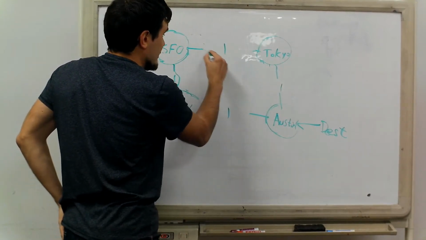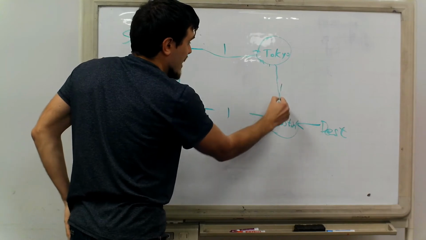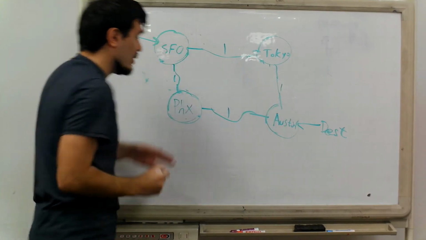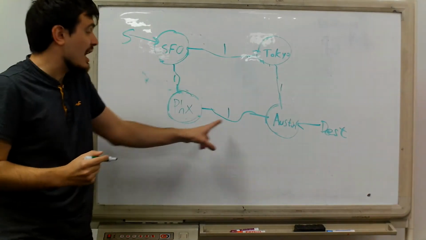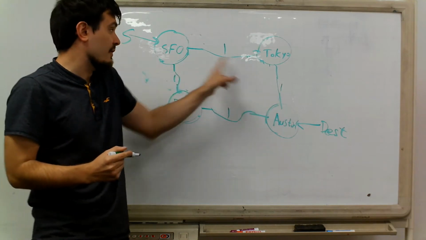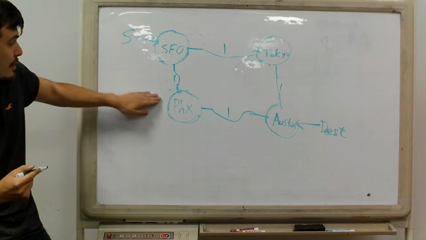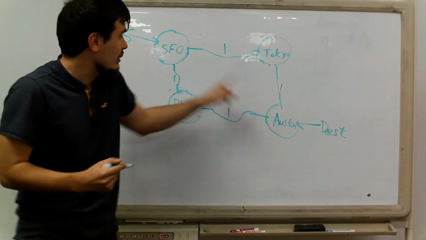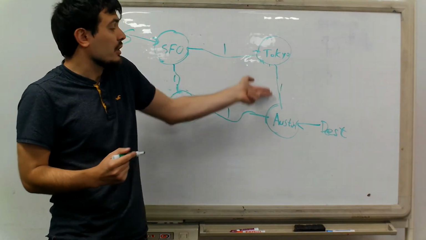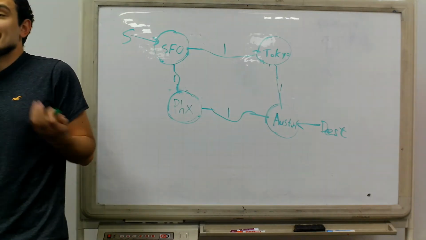Well, if we do this, then what is the total cost of any path? If every weight on every edge is 1, the sum of the weights along a path, for example from here to here or here to here, is just the total number of edges, right? So this is the same case.